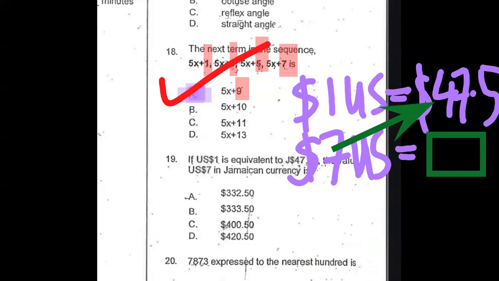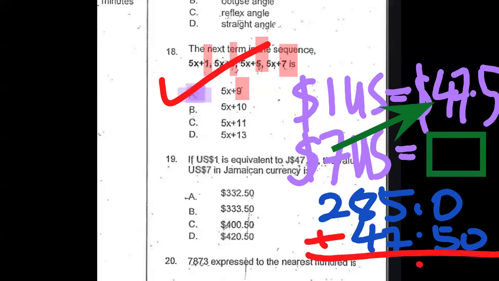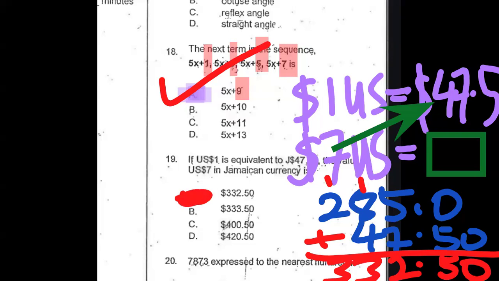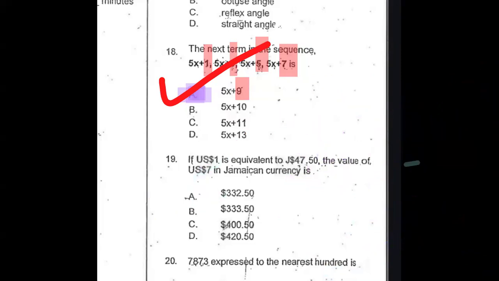So therefore, we're going to add the number 285 to 47.5. 5 plus 7, 12. 12 plus 1. All right, so we have 332.5. Our answer is going to be B. All right, so there we go. Yeah, so we're done with all of that. We're done with 18 and 19.